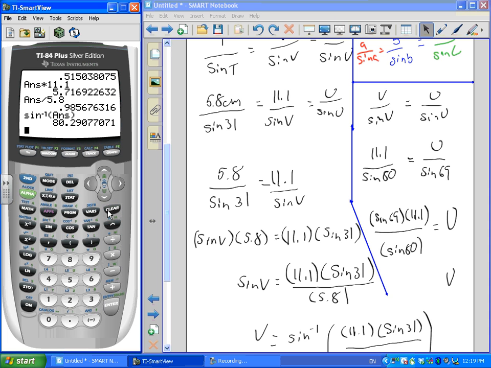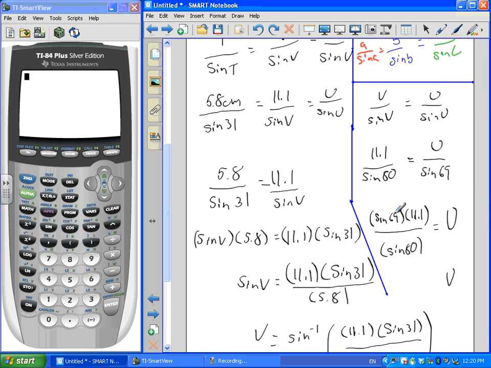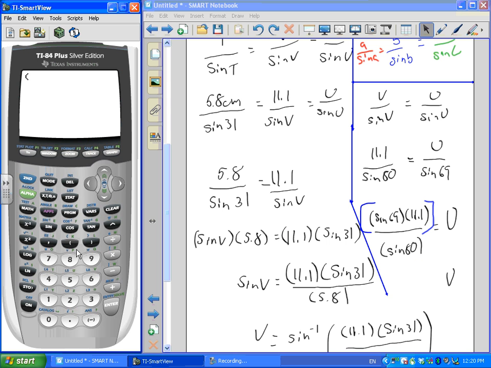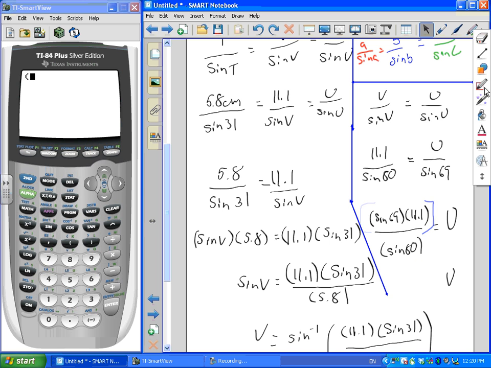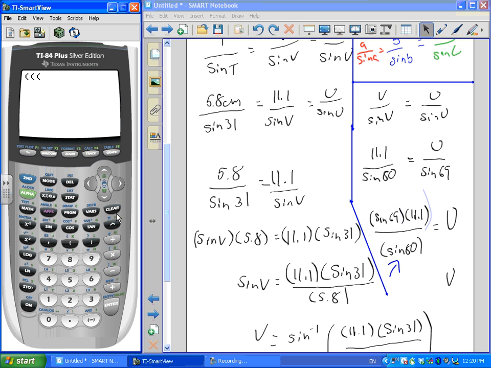Okay? So, bracket. What's very important is I'm applying BEDMAS because the calculator goes on BEDMAS, okay? It does everything according to BEDMAS. The very first step I need to do is I need to multiply these two first. So I'm going to start off with a bracket, and even before I multiply those two, I need to find sine 69 first, then multiply it by 11, and then divide it by this. So I'm going bracket, one too many brackets. Bracket sine 69, end bracket.